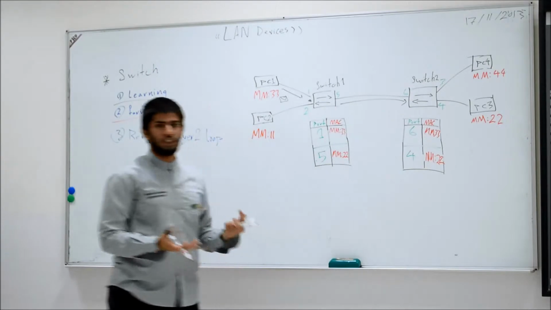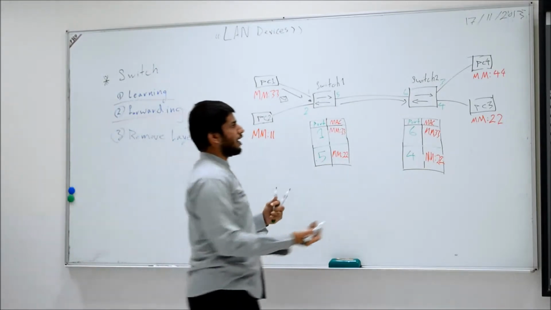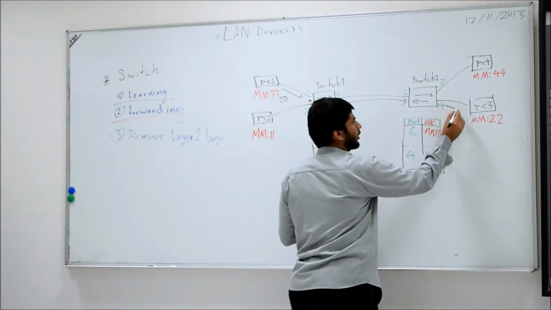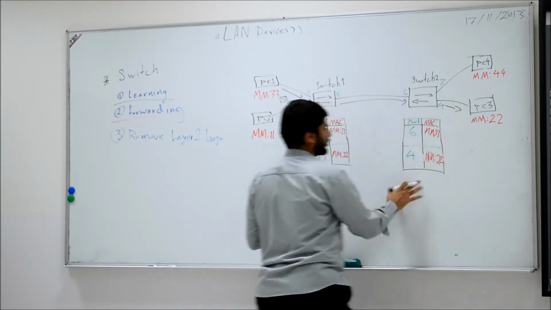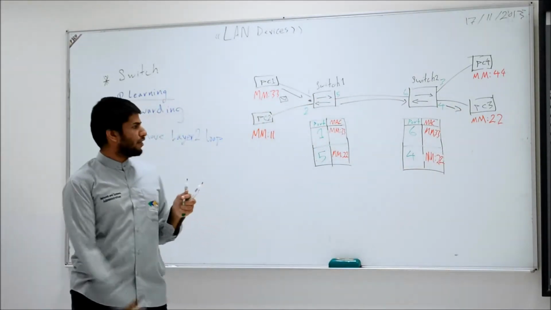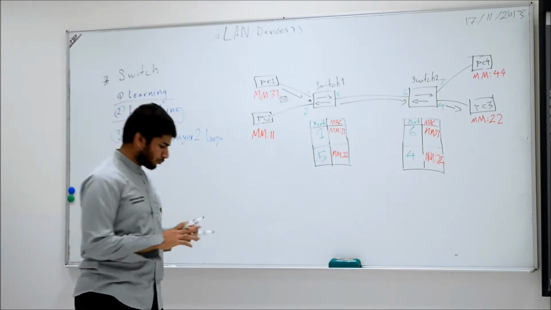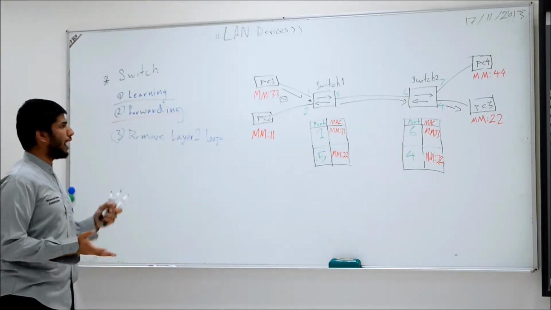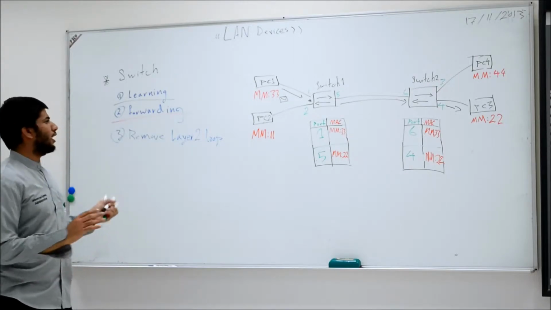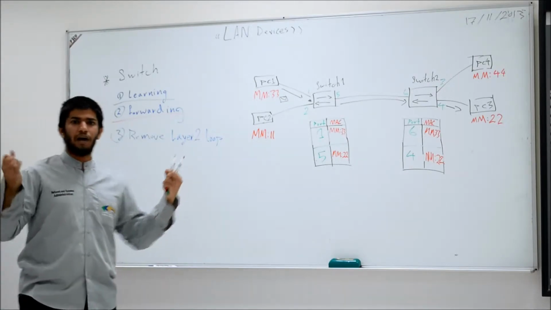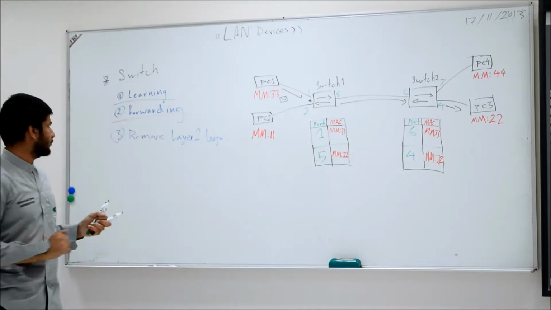The second switch takes the message and sends it to PC3, because it already had it in the table of the second switch too. So we know how the learning and how the forwarding work.